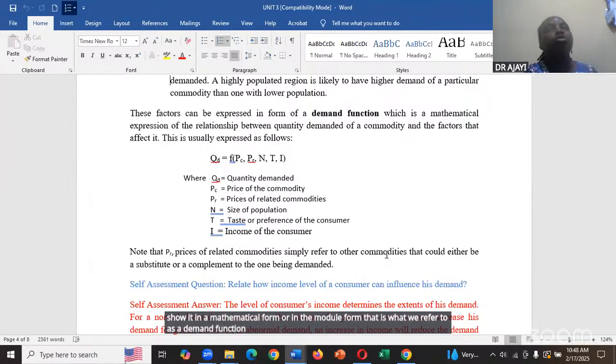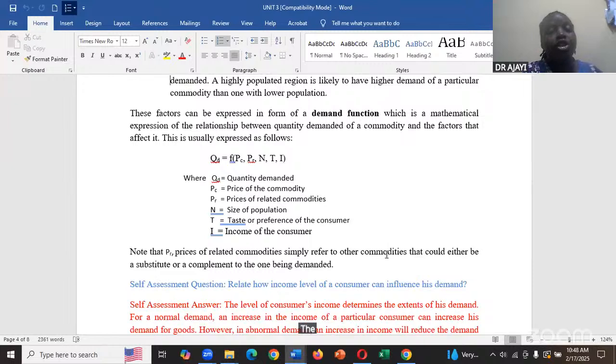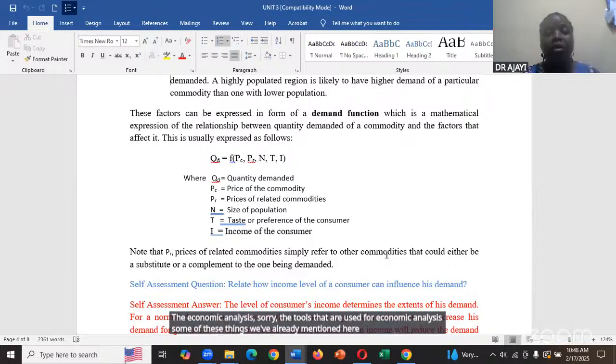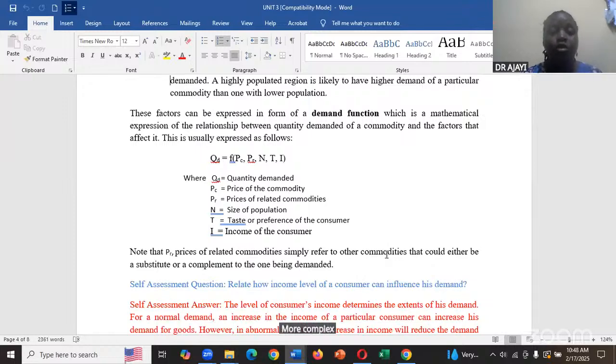When we took the tools that are used for economic analysis, some of these things were already mentioned. We mentioned mathematical models, and I think Dr. Ajide said then that we could have more complex models that try to explain economic relationships.